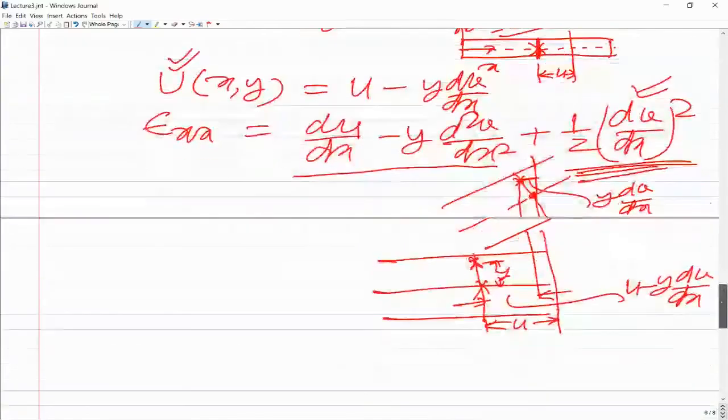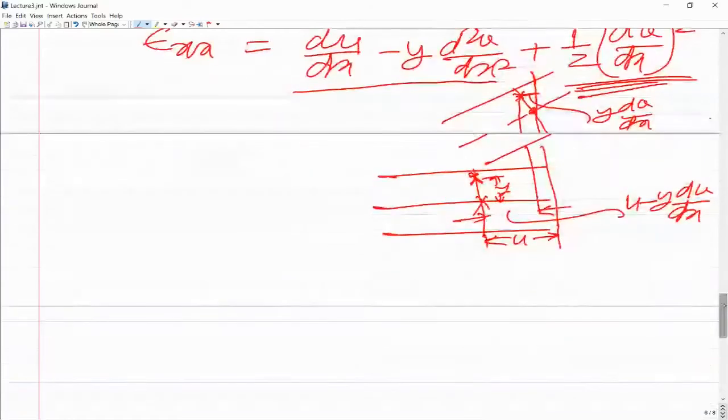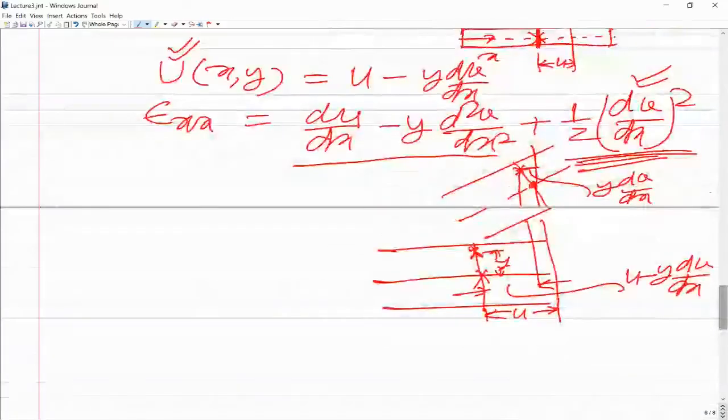Now sir, how is the third term in epsilon xx coming? If you look at the strain displacement relations, normally we take only the linear terms, but there are nonlinear terms also.